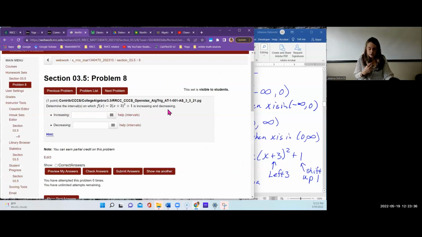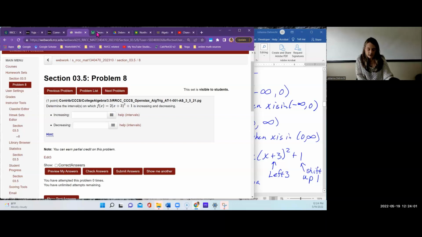It's asking us where it's increasing and where it's decreasing. The 2 is applying a vertical stretch factor, but it doesn't affect the increasing and decreasing. What affects the increasing and decreasing is the shifts from the left and the right. That changes where the vertex of the parabola is, that lowest point.